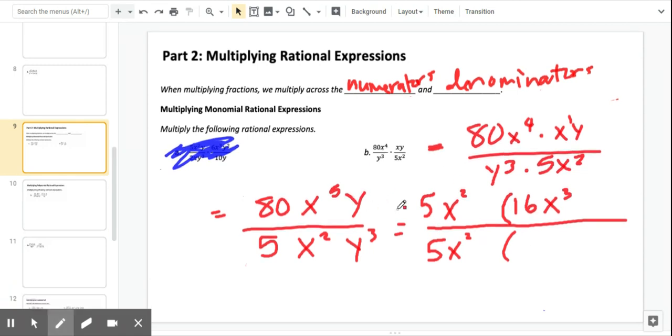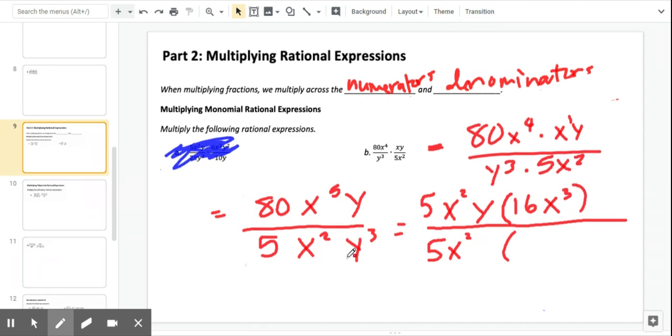So then we're looking at the y's now. We need to figure out what we can factor out of both of these y's. It's always the lower degree, so it's y to the first. So we're going to take out a y to the first. And since we only have a y to the first up here, that's it. So nothing left. Again, if you want to write the times 1 in here, you can.